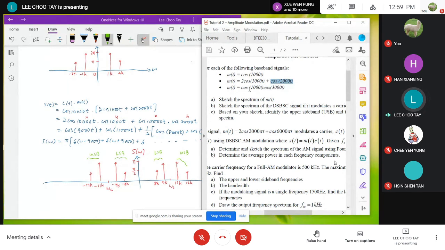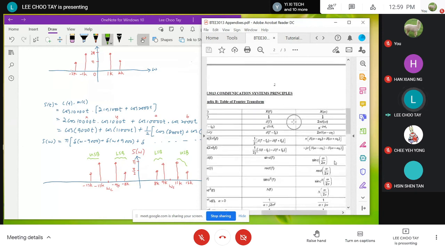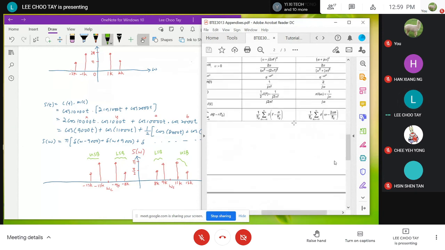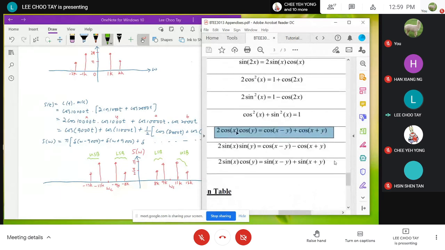So the first step is to convert this expression into the sum of two cosines. Again, cos x cos y. Now it's opposite already, so you convert it into the sum of two cosine terms.